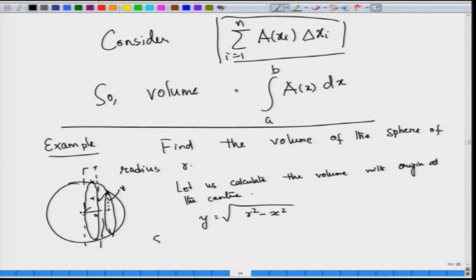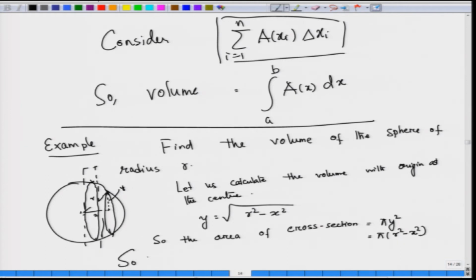So, the area of the cross section is nothing but pi y square, which is equal to pi times r square minus x square.